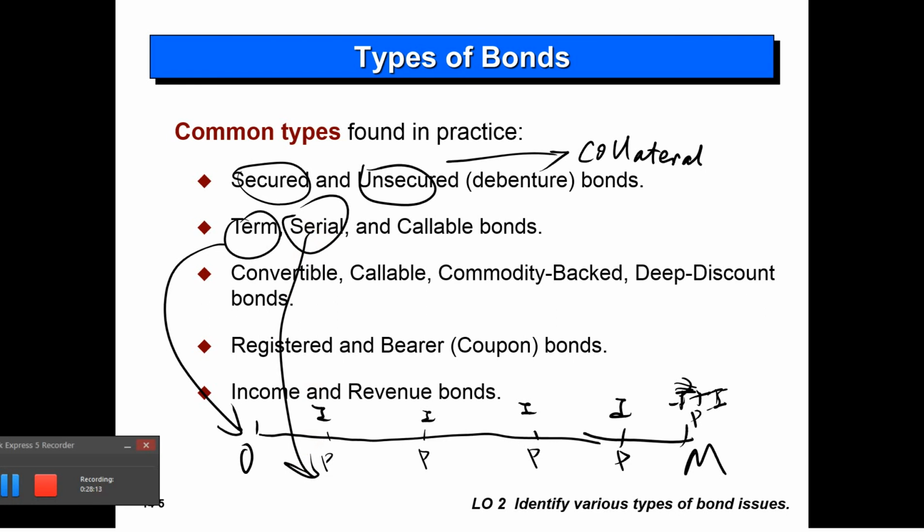Callable bonds. I don't know why the book puts callable bonds along with the term and the serial bonds, but in my opinion, they're totally different. Callable bonds are about a feature of bonds.